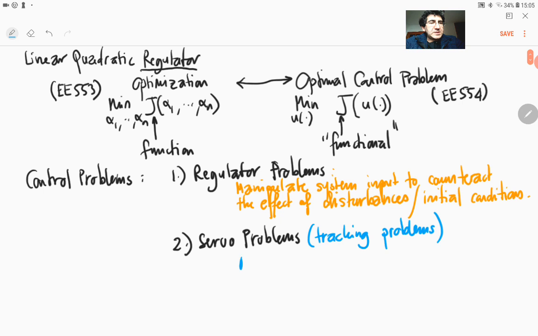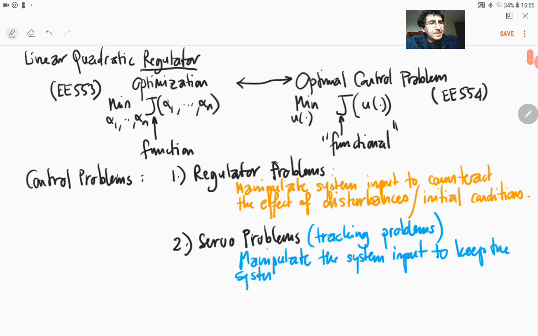So in this case we have to manipulate the system input to keep the system output close to a given input trajectory.